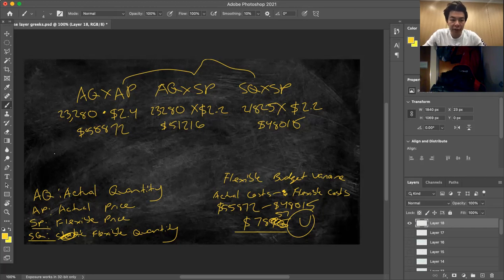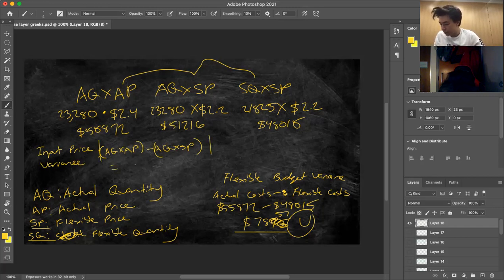So input price variance. The input price variance is going to be AQ times AP minus AQ times SP. And we get an absolute value, and we get 4,656.